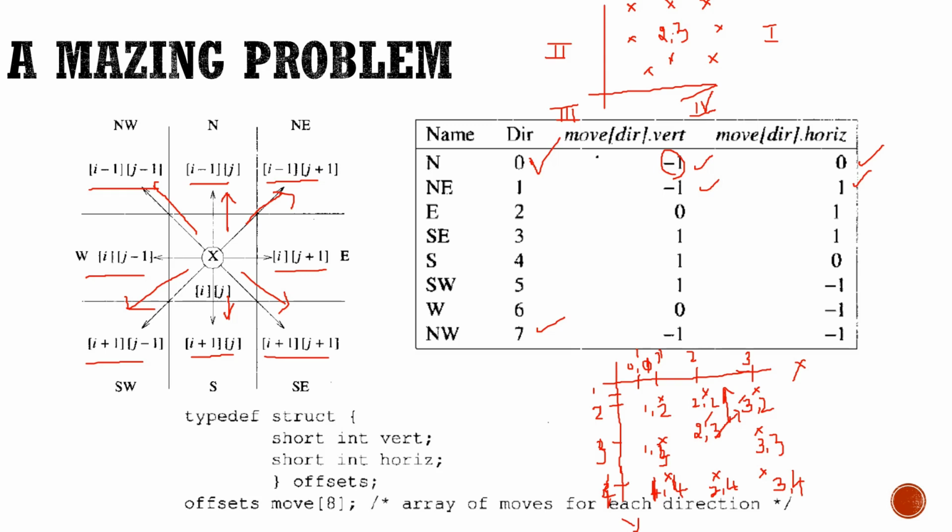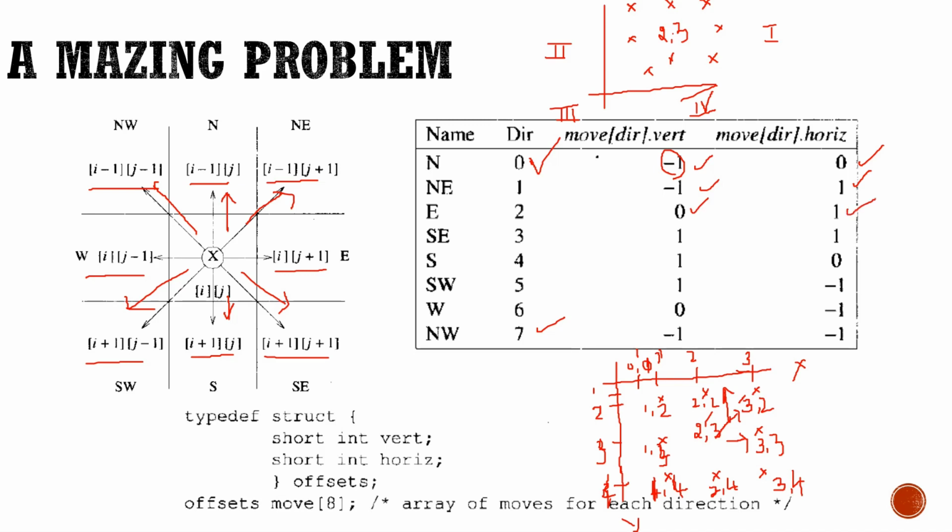For the east movement, your vertical remains the same, 3, 3, but your horizontal increased from 2 to 3. That is, your vertical will be retained, 0, but the horizontal is incremented by 1.